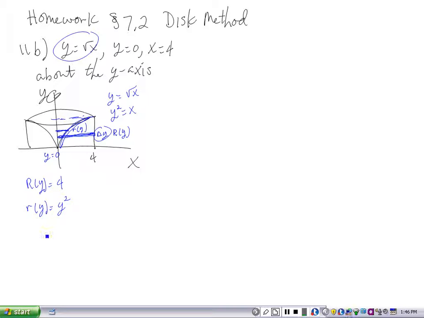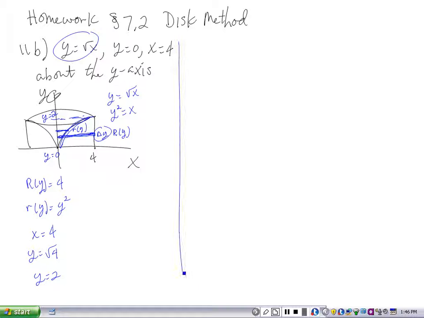So if x equal to 4, I have y is equal to the square root of 4, I get y is equal to 2. So I'm going from y equal to 0 to y equal to 2, and I'm putting the 0 there like a dum-dum. Okay, erase that out, put what it should be, y equal to 2.